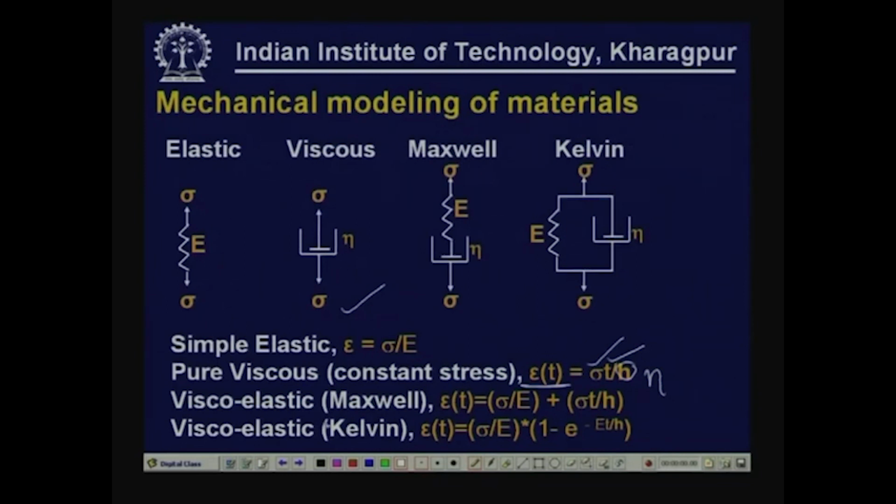Similarly, a slightly more complex behavior can be given by the Maxwell model, which is represented by a combination of a spring and a dash pot. The strain as a function of time is given by stress divided by the elastic constant E, plus the stress as a function of time divided by the viscous coefficient.